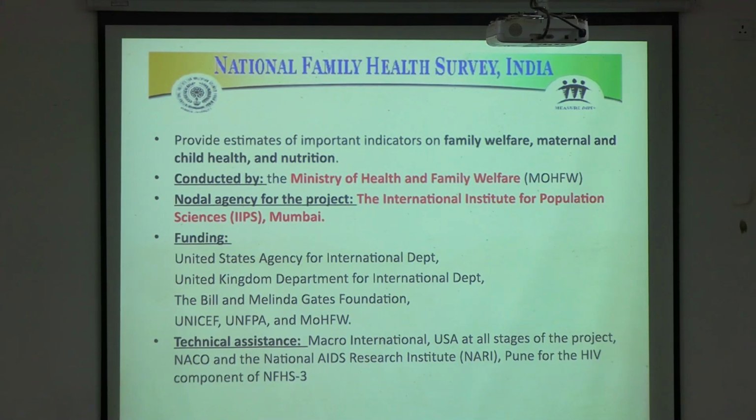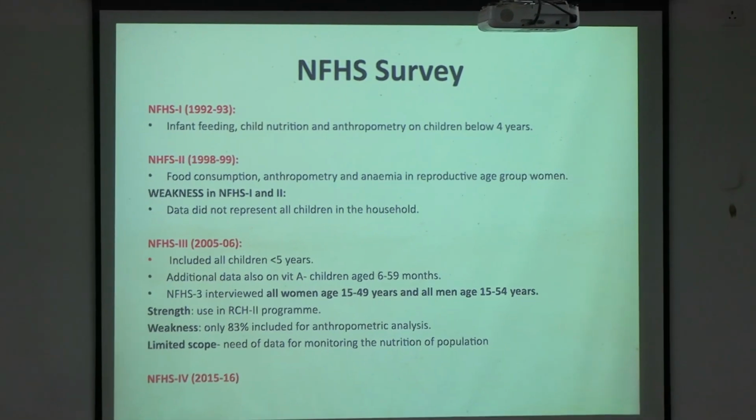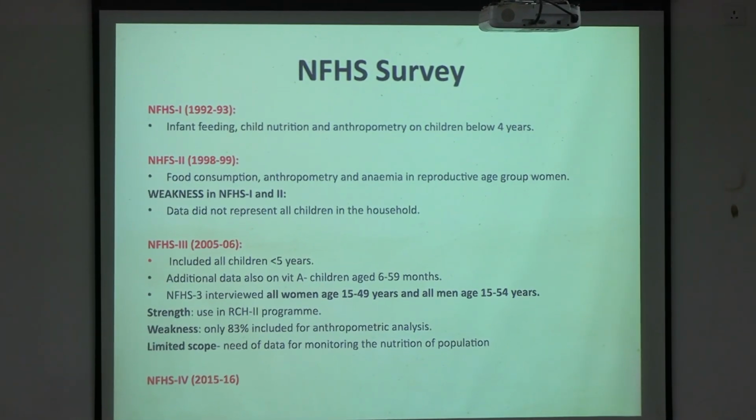So they donate also to this particular organization for these statistics, okay? And also you have UNICEF, UNFPA and all. 1992, first NFHS. And now we are going for NFHS 5. It is done. 2021 was the last NFHS, NFHS 5, okay?